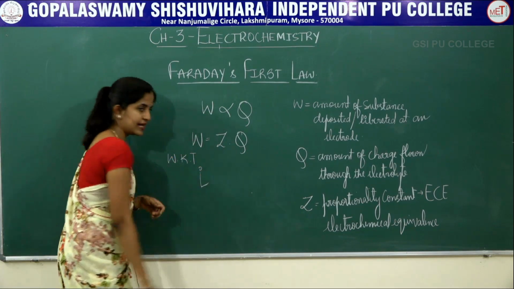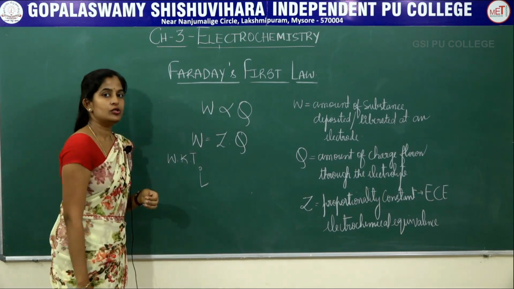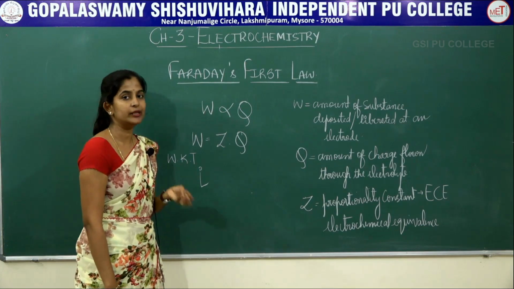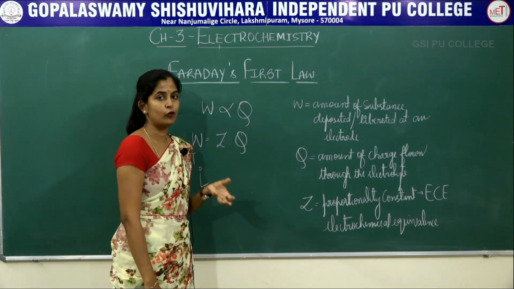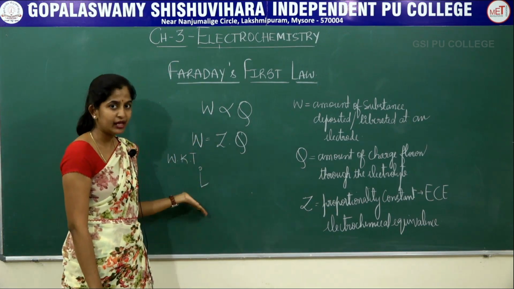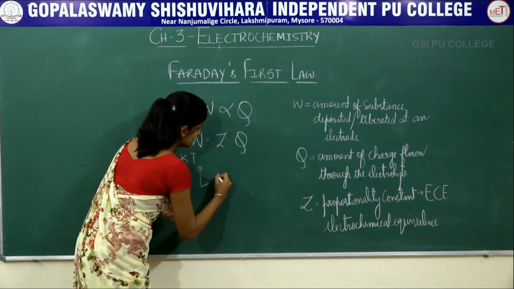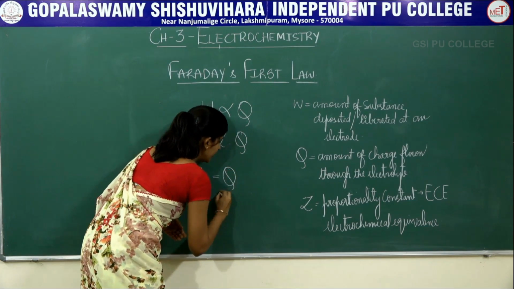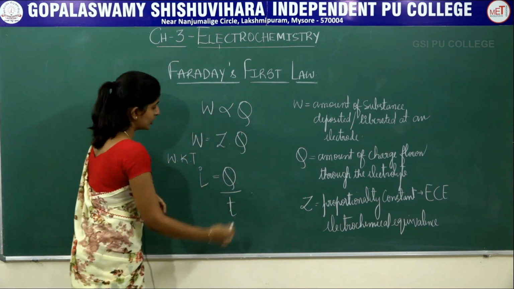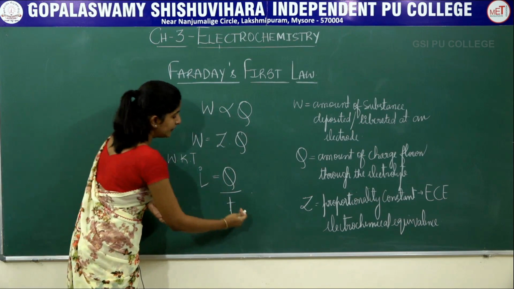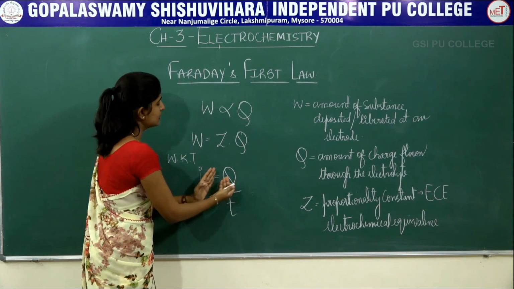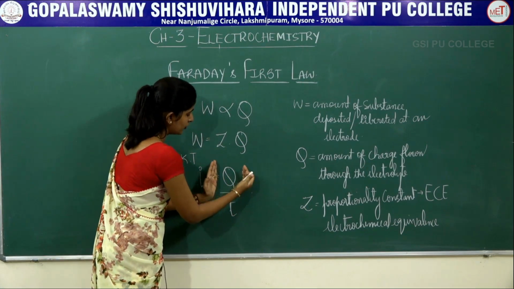We know that I is the electric current. The definition of electric current is the charge flown per unit time. So, I can write the electric current as I is equal to Q divided by T. Electric current is the amount of charge flown per unit time.